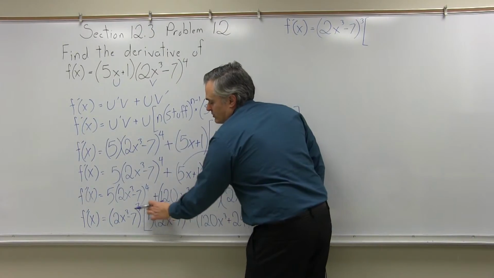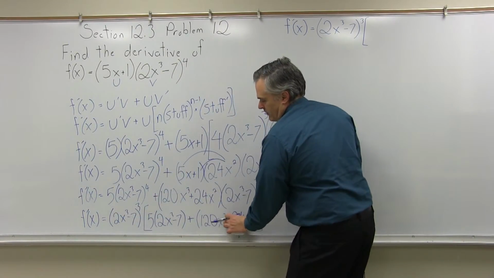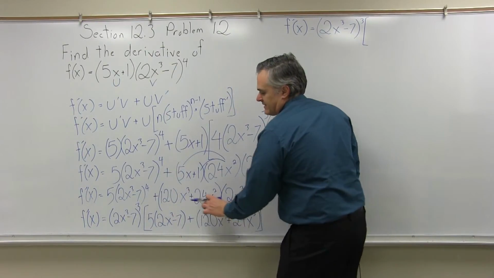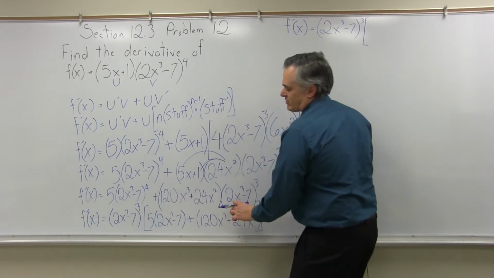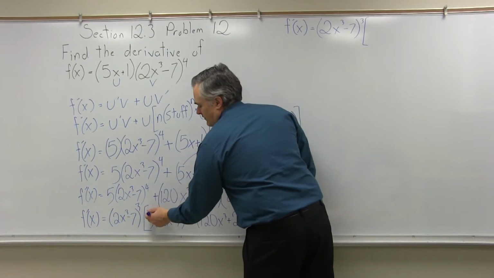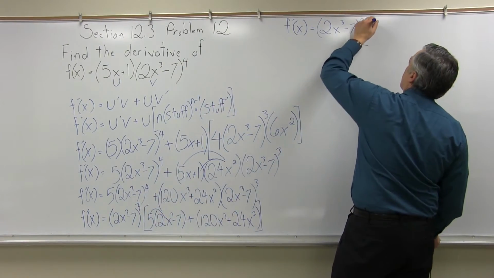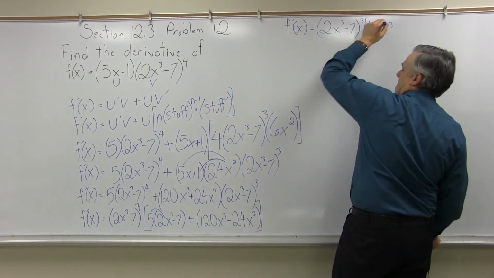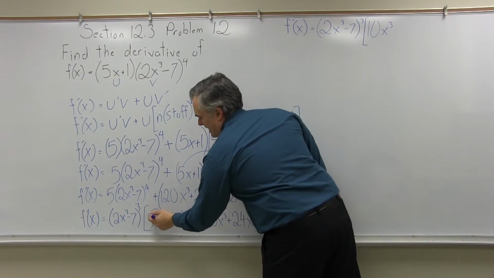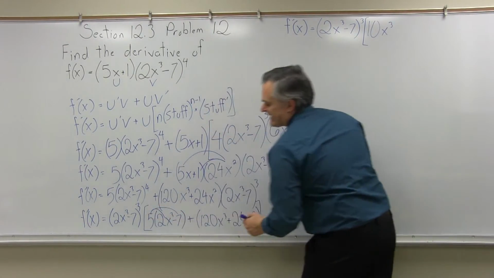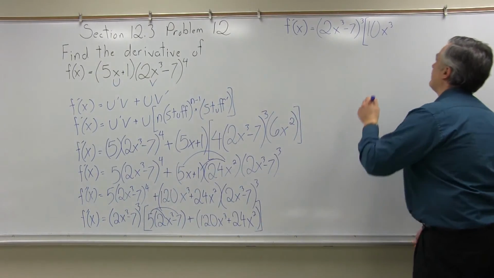Again, I can't take this one out in front because it would have to come out from both pieces in the brackets, and even though it's in the first piece, it's not showing up in the second piece. So let me do 5 times the 2x cubed, which will be 10x cubed. Then 5 times negative 7 is negative 35.